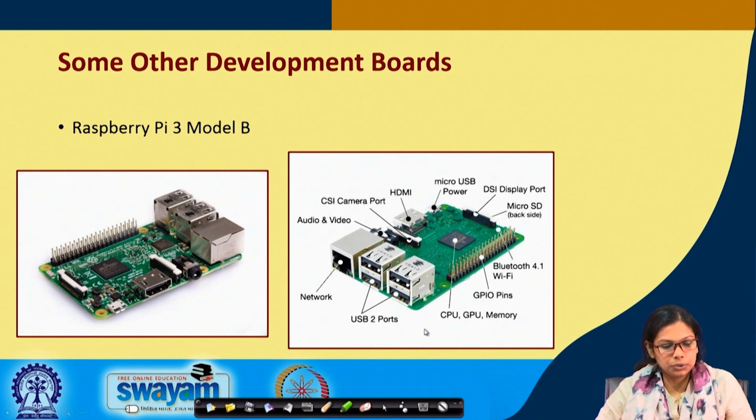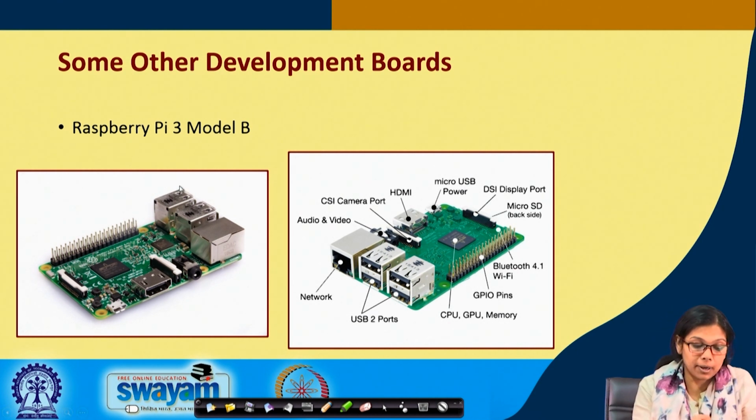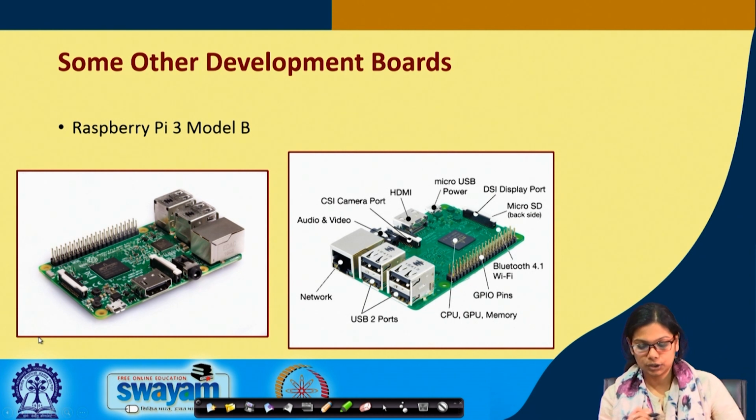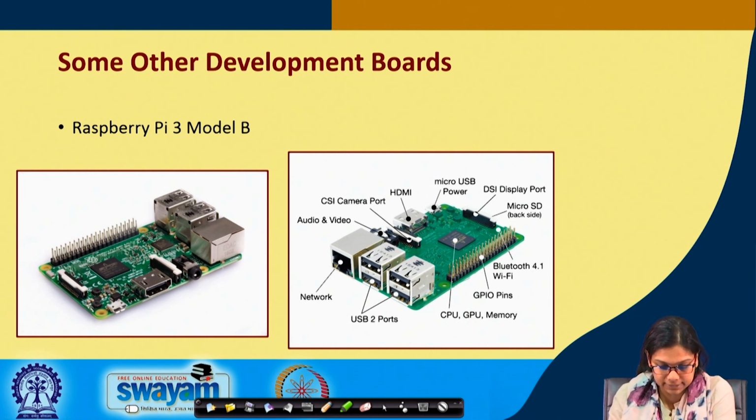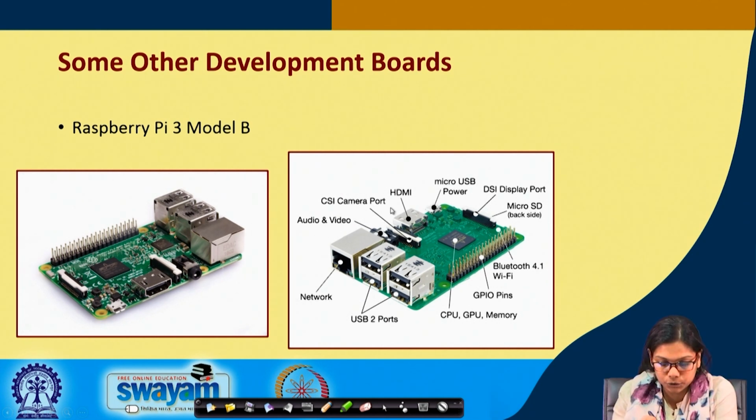As I have already told you, there are some other development boards as well, one of which is the Raspberry Pi 3 model, which is much more sophisticated. So typically what it has, you can see the USB, it has 2 ports. This is for the network. It can also process audio and video. So you have this, and it also has an HDMI port.